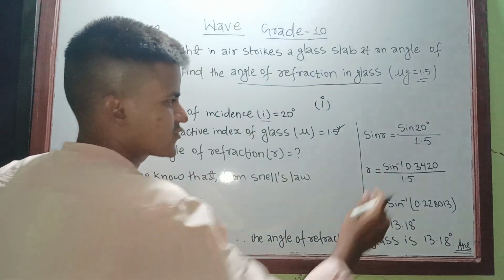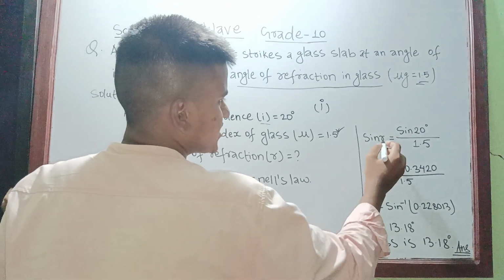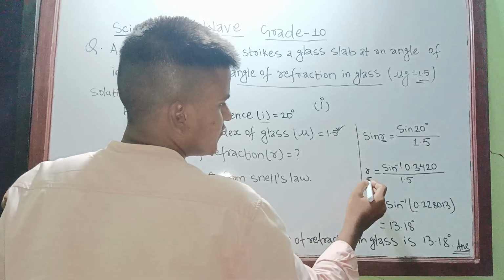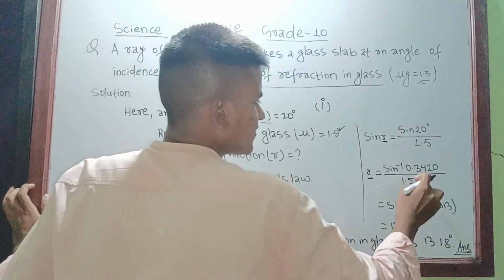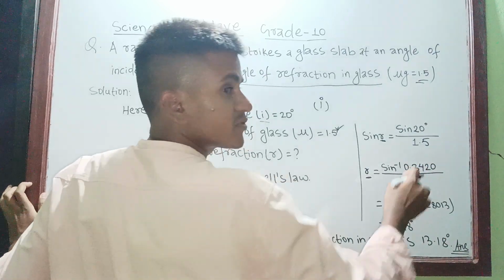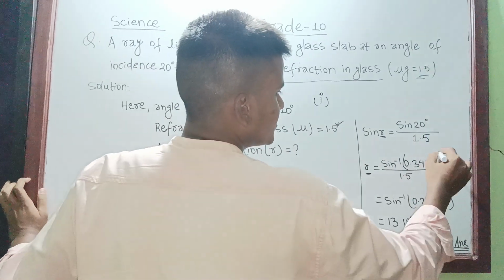It was not 1, actually it was 1.5. Now if I take r alone, this sine will go to the other side and become sine inverse of this value.